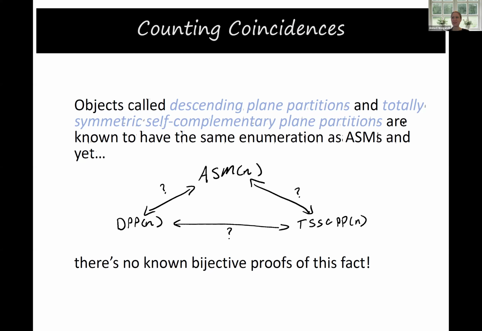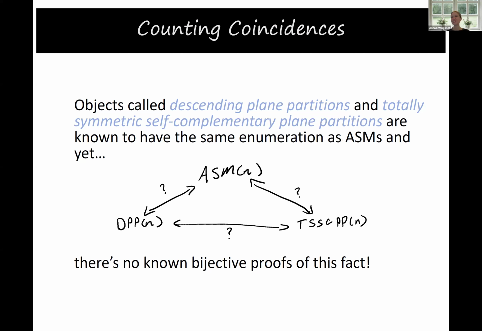But we don't know any of these bijections still. We know that they should be in bijection. We even have refined enumeration results saying there's this statistic on ASMs and the statistic distribution matches the statistics on descending plane partitions, but still in general, there's not been any way to line them up in a bijective sort of way.